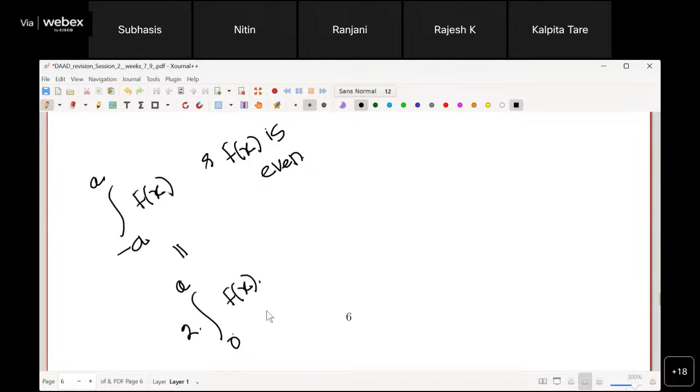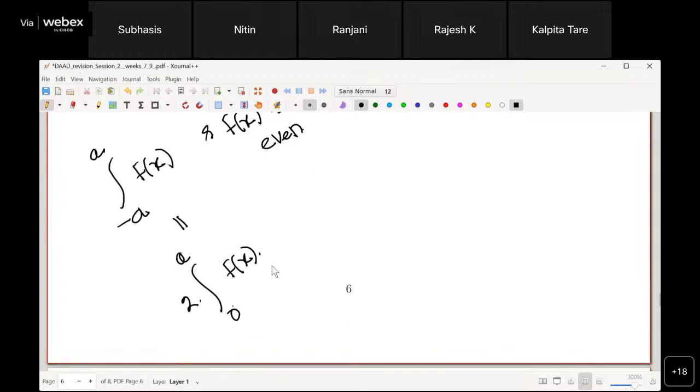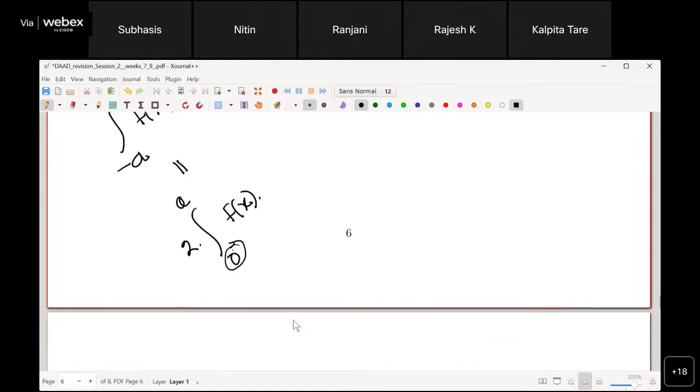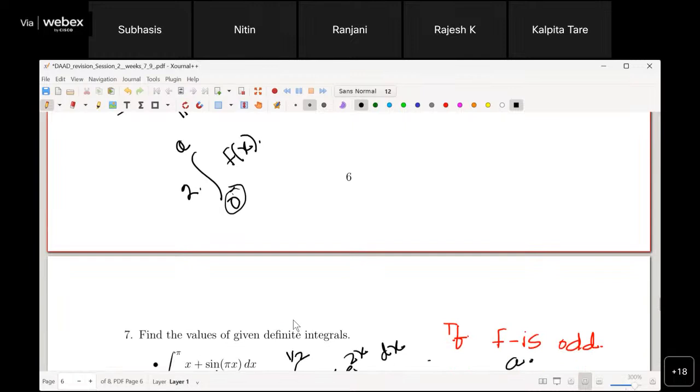So still you have to do the integration, so not much advantage. If you have a 0 here, then in the end you can do the computation slightly quickly, but again this is not going to help you much. But for the case of an odd function, you can do it very quickly. It's 0.